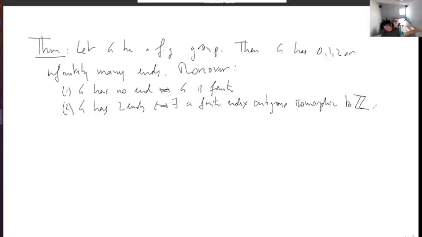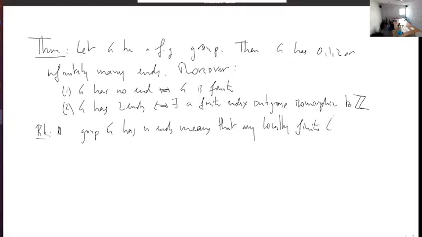Okay, so what does it mean? Maybe I should say that a group G has n ends means that any locally finite Cayley graph of G has n ends.